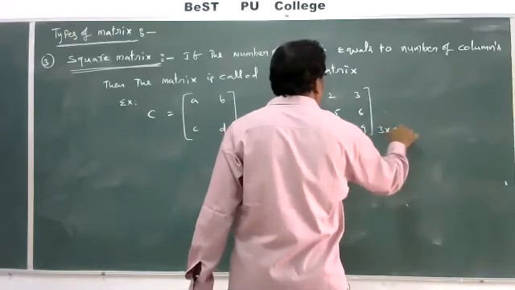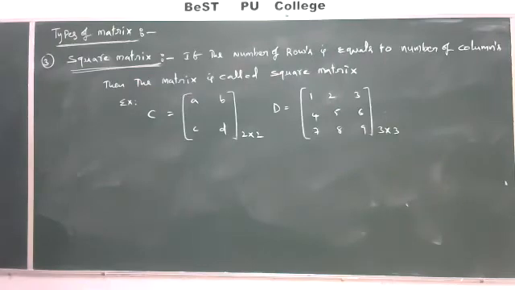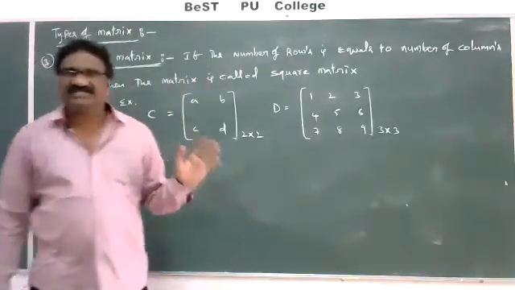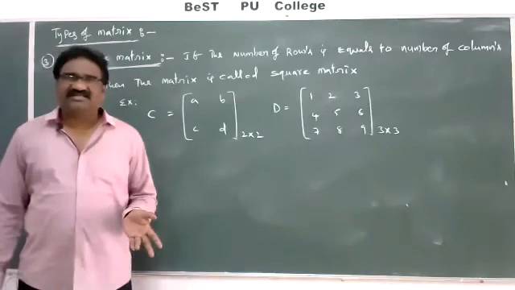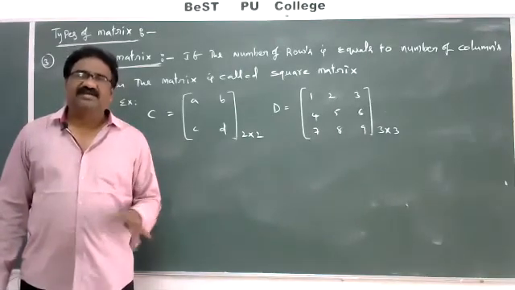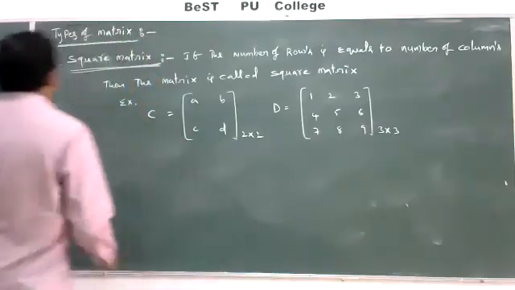That is a 3 by 3 matrix. Number of rows equal to number of columns, then the matrix is called square matrix. Next we discuss rectangular matrix. Number of rows is not equal to number of columns, then the matrix is called rectangular matrix. Right, note here.